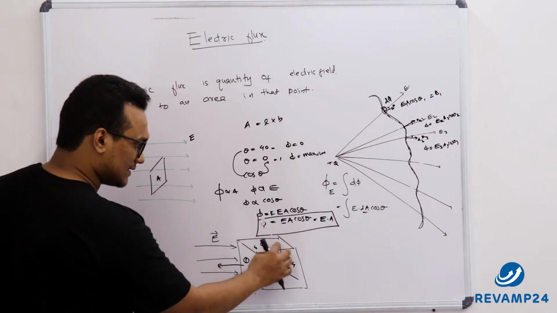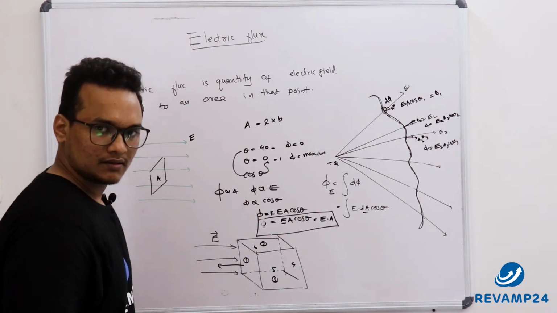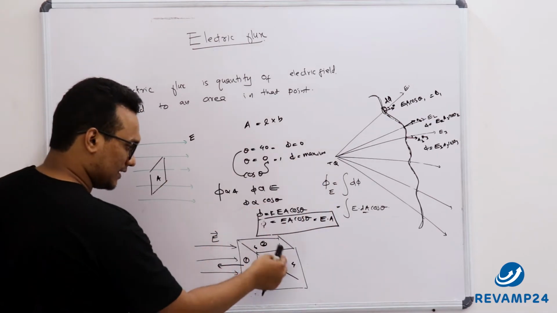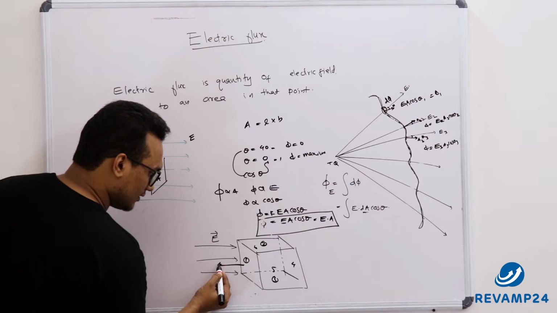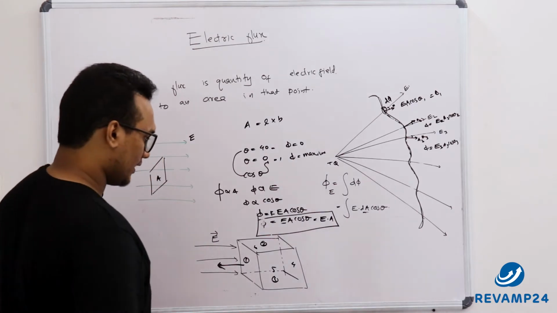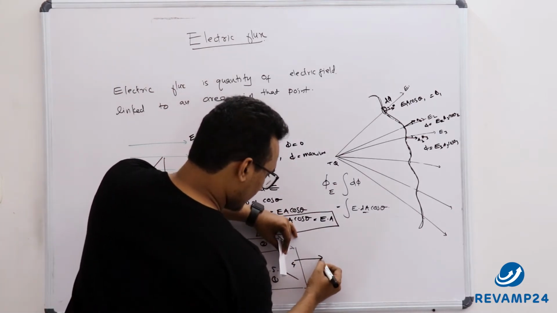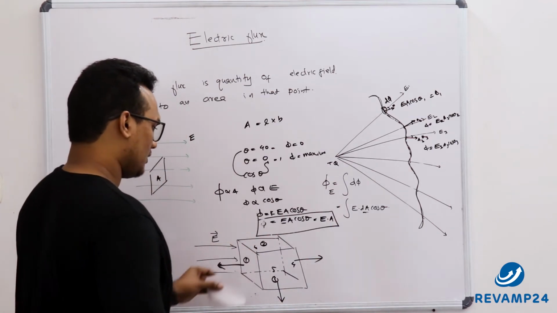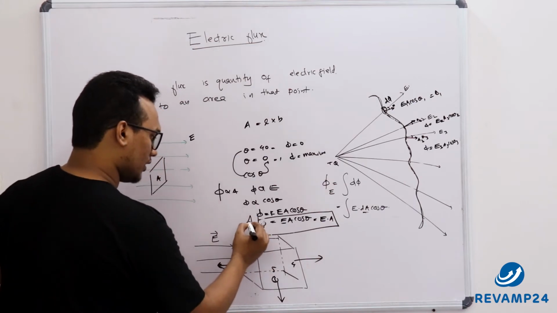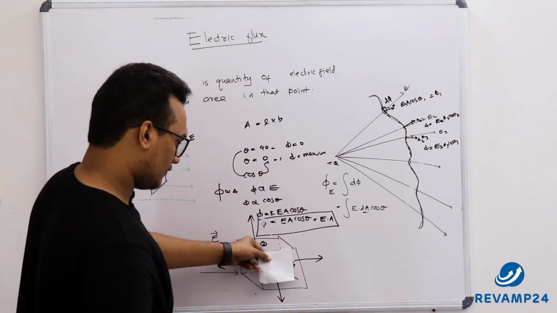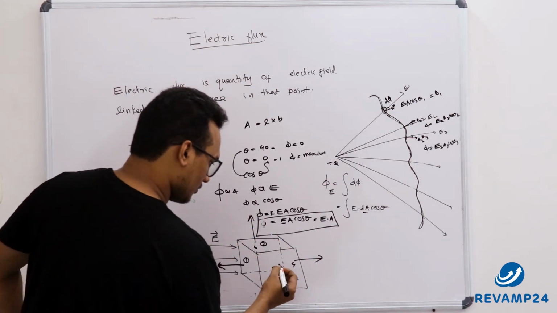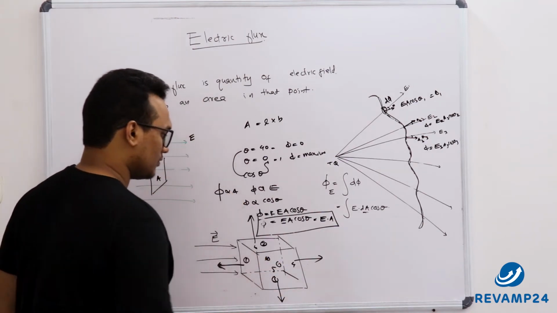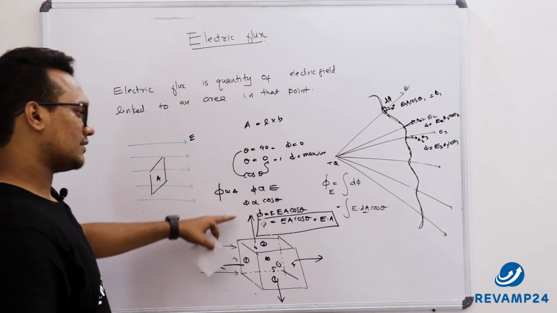So always with a closed surface we will take the area as the perpendicular which is outward. So this is inside the closed surface, and the perpendicular is directed outward, from the inside of the surface. This is the area vector for this surface. With the bottom surface, this is the area vector. With the top surface, outward, that is the area vector. In this way you have to consider area.